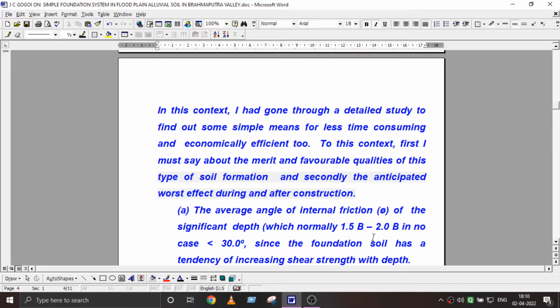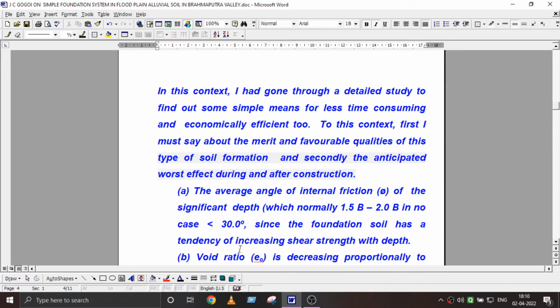Since the foundation soil has a tendency of increasing shear strength with depth, I have conducted many investigations in North Bank for many high structures, low structures, bridges, and a lot of investigation I have conducted. Nowhere do I find an angle of repose less than 30 degrees. Somewhere we are getting a little more.